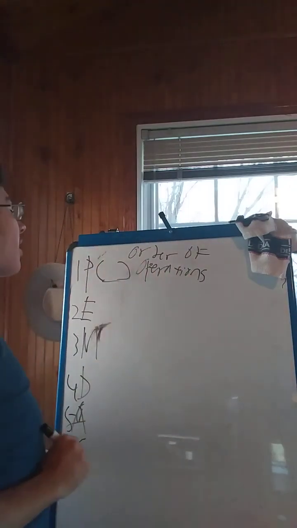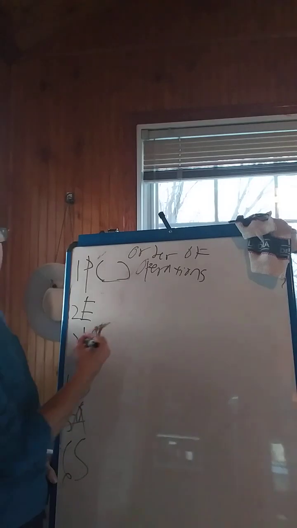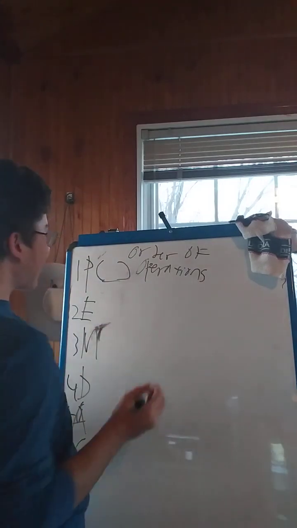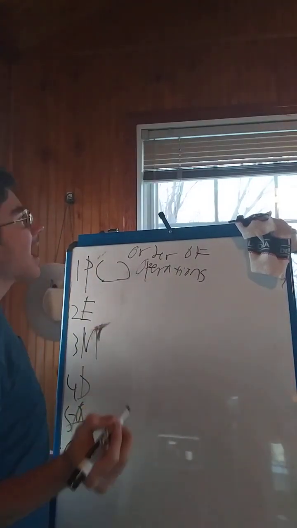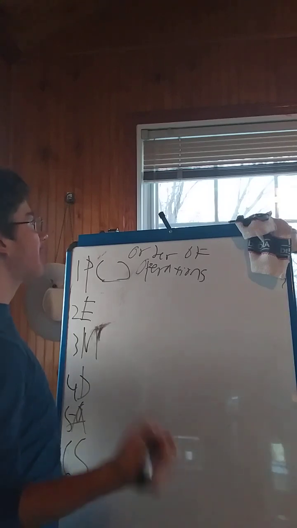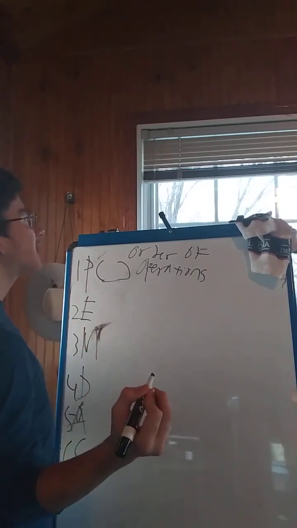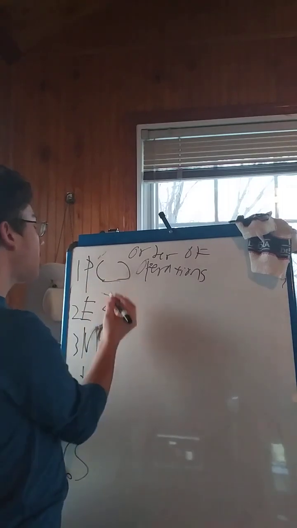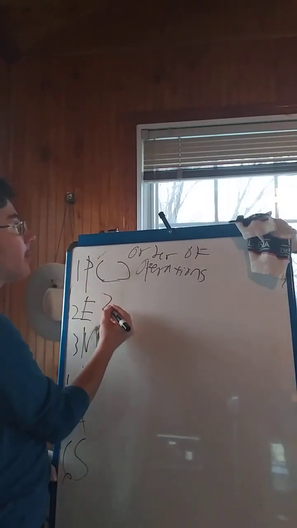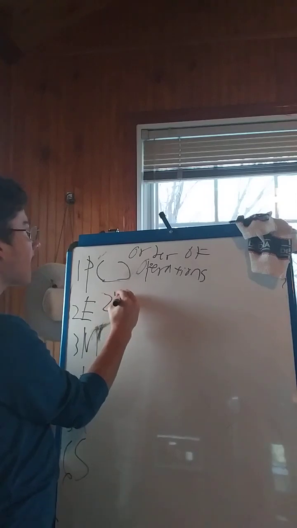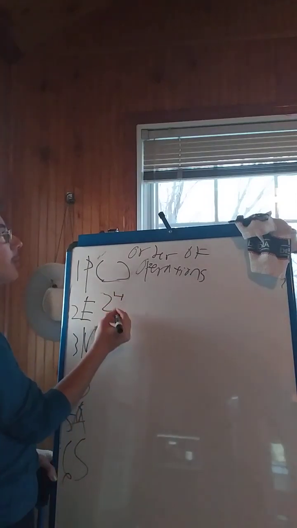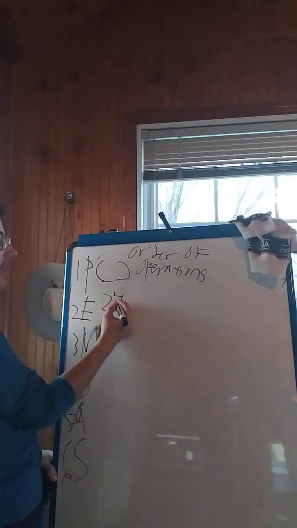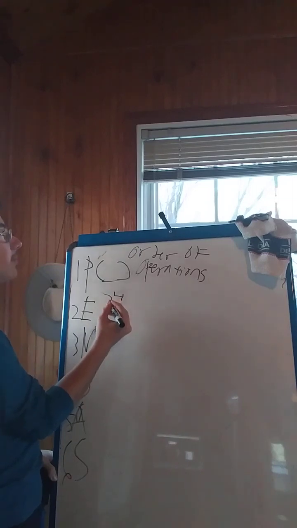Then you move on to your next letter, which is the E. And the E stands for exponents. What are exponents? Well, exponents look something like 2. You have your number, and you have a little number up at the top right-hand corner, which is 4.